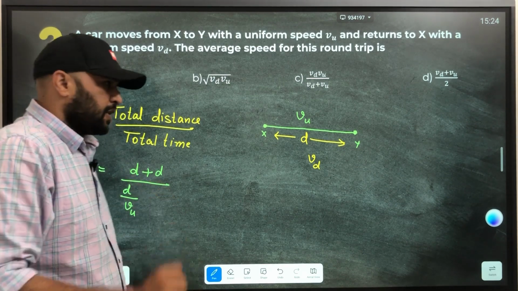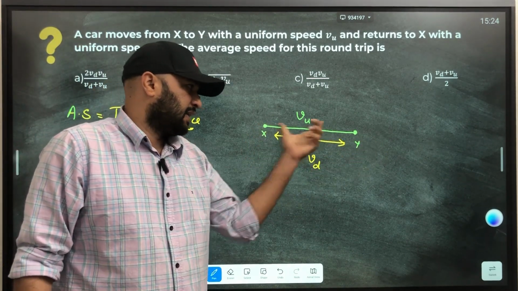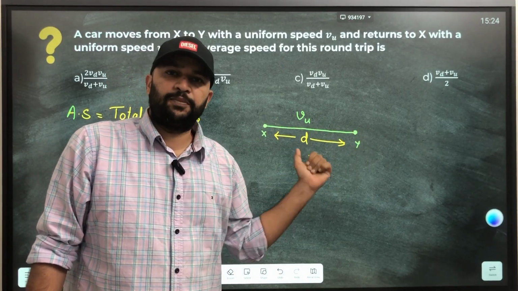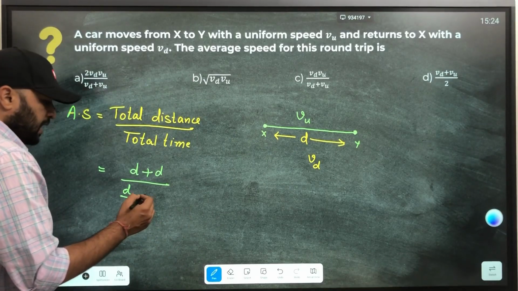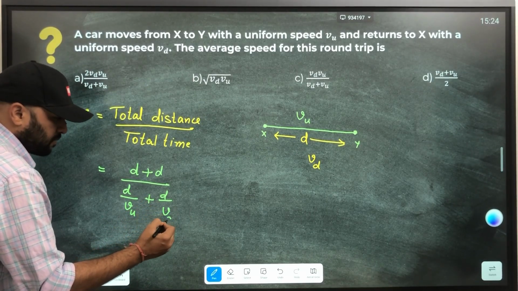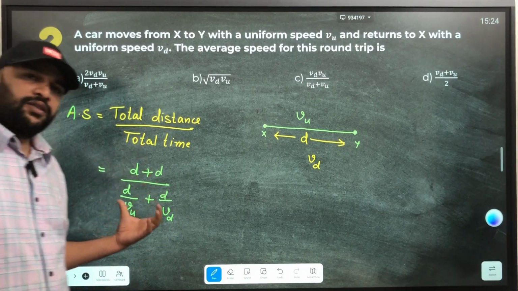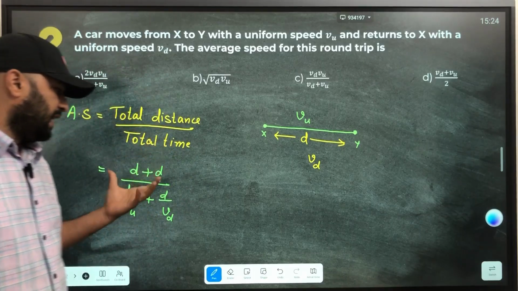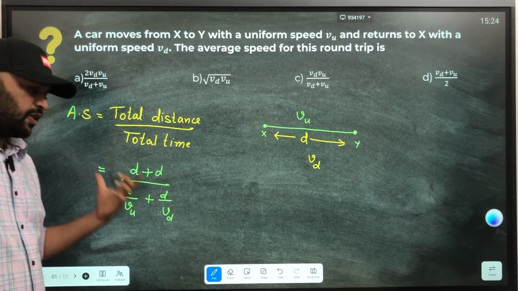While coming back, the time will be d upon vd. I hope this is clear. In case this part is not clear, just go through the previous video, the first video, where I have explained in more detail how we got this.